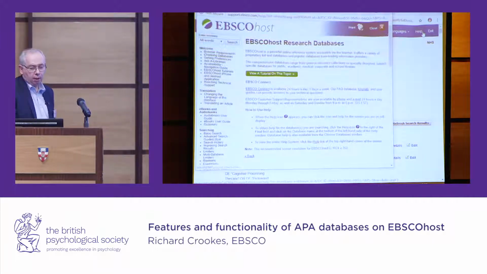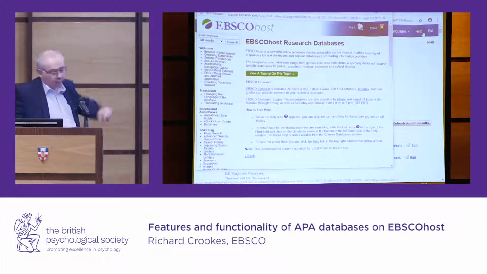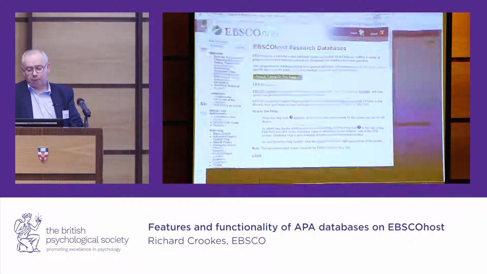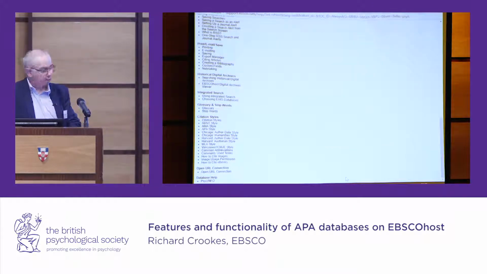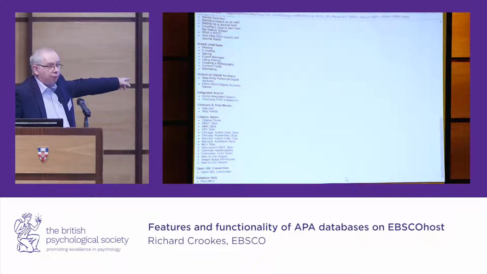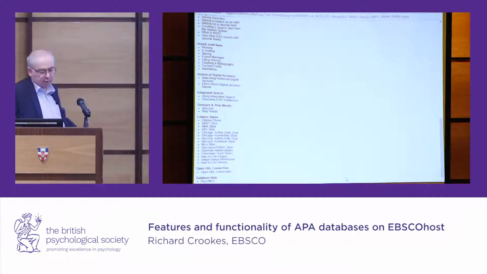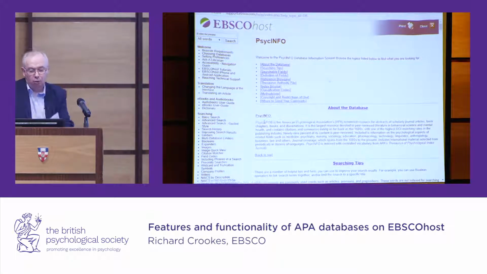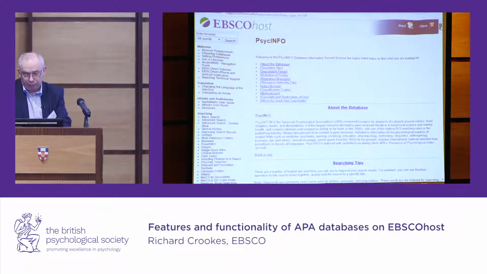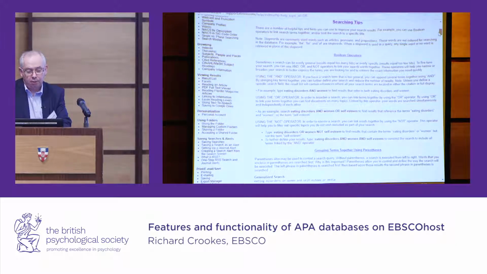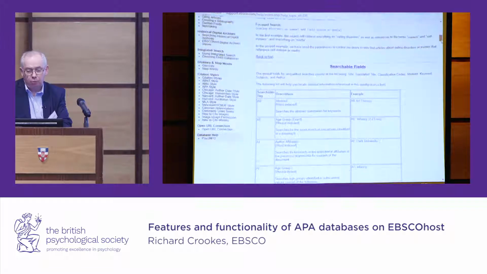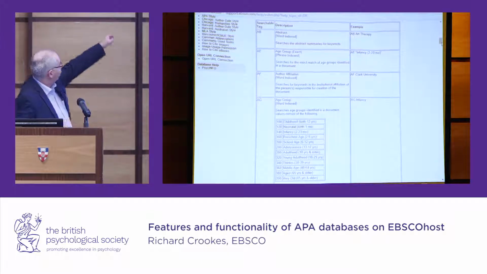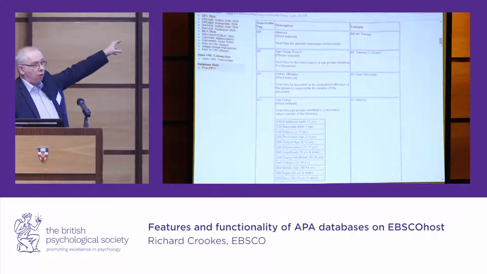there. This is generic across the platform, but if you want database-specific help, then I would go right down to the bottom, and you'll see the link to PsycInfo or PsycExtra or PsycArticles, etc., depending on which database you're looking at. That'll give you the definitive information about this particular database, some examples for searching, and also, importantly, the actual searchable fields and what they cover and how they work, so whether word or phrase indexed.